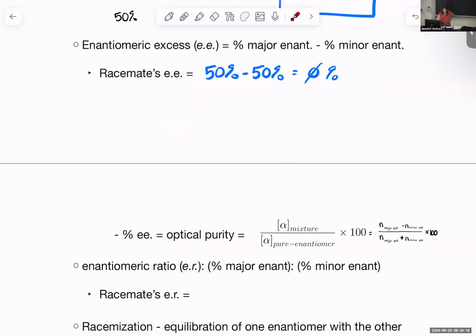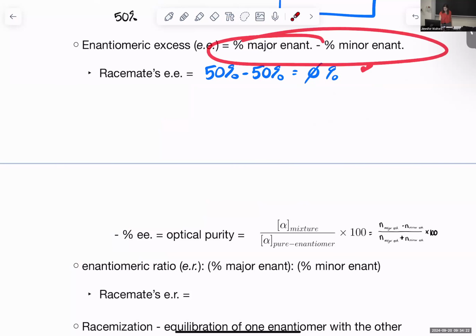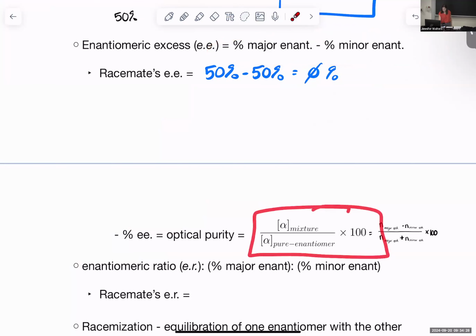So you can calculate it in a number of ways. You have one formula, which is that percent of the major minus percent of the minor. That's one way of calculating it. You can also calculate it from your optical rotation. So it is the alpha of the mixture divided by the alpha of the pure enantiomer. So how much did it rotate if you had 61 and then it ends up here?